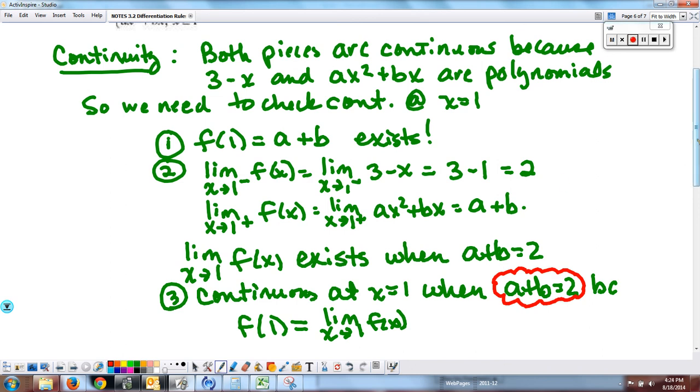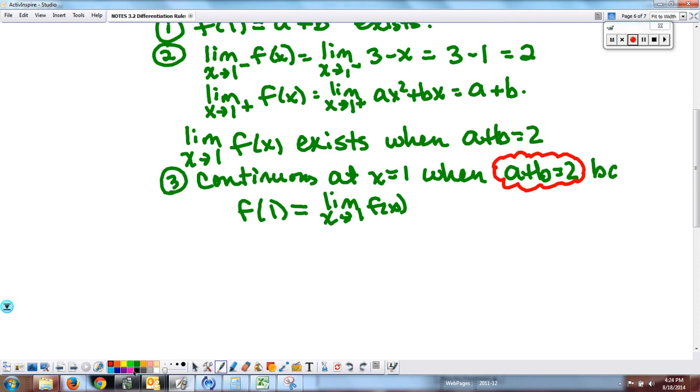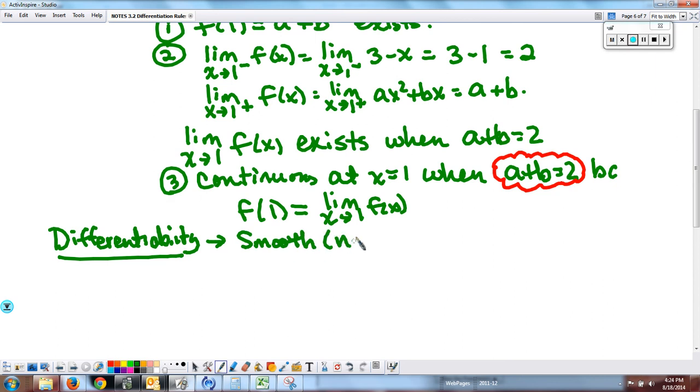So now we come down here to differentiability, which is really what we're checking. Now that we know that we are continuous, we want to check whether or not we have a smooth, no cusp function with no vertical tangents.